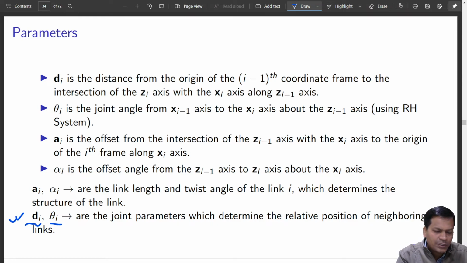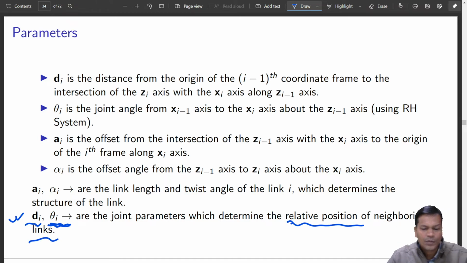So the first way is the rotation, the first way by which two links can be changed with respect to each other, right? So that is theta i if there is a rotary joint. If it is a prismatic joint, d also can change. So this defines the relative position of neighboring links. So those are the four parameters.